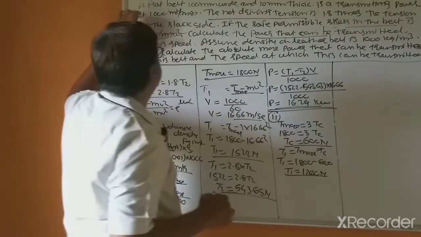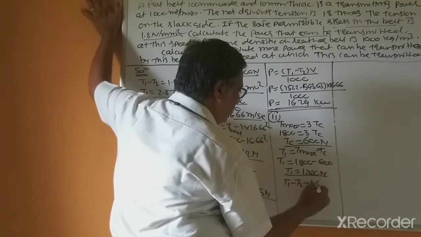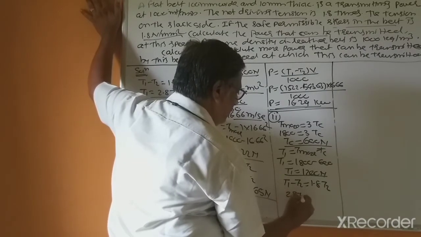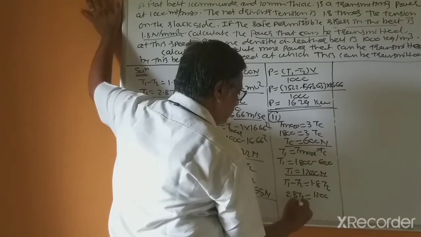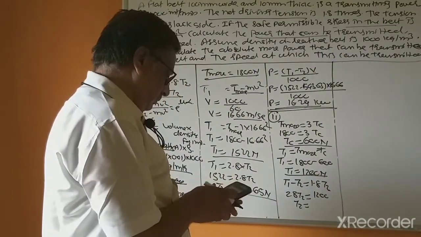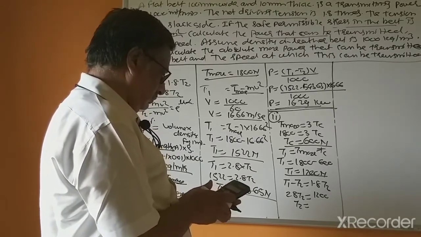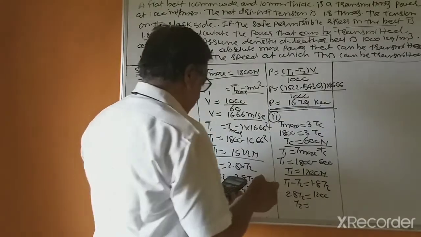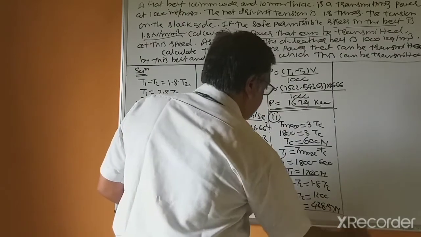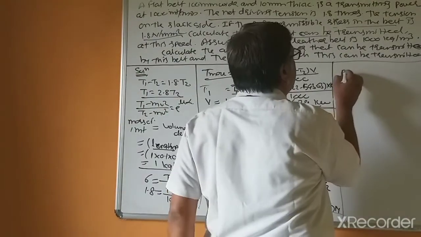By using the relation T1 minus T2 equal to 1.8 times T2, 2.8 T2 equal to 1200, T2 equal to 1200 divided by 2.8, equal to 428.57 Newton.